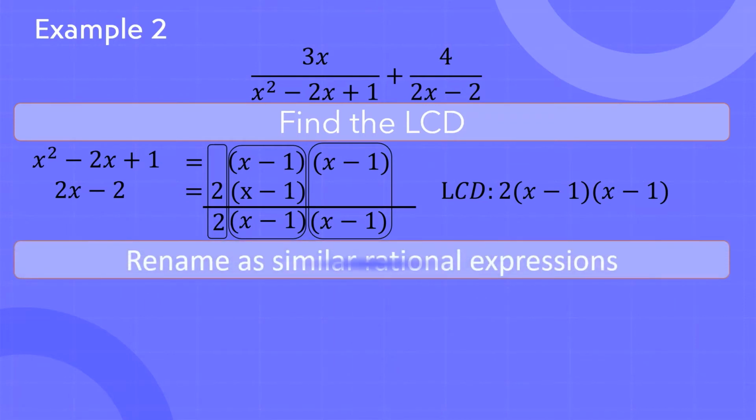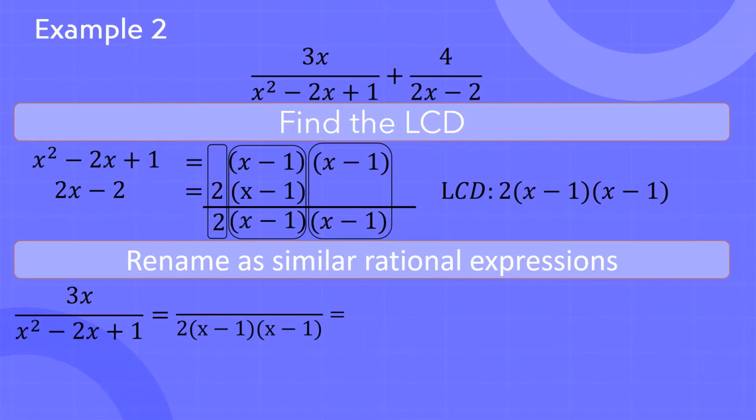Okay, then rename as similar expressions. Kunin natin yung first expression natin. Gawin natin na ang denominator niya ay 2x minus 1 times 2x minus 1. Okay? Since itong x squared minus 2x plus 1 ay equivalent sa x minus 1 times x minus 1, so when we divide the LCD by x squared minus 2x plus 1, ang magiging sagot doon ay 2.